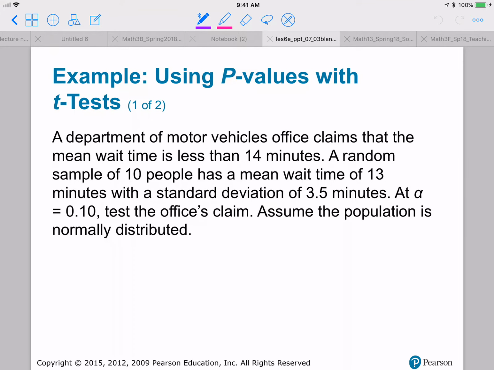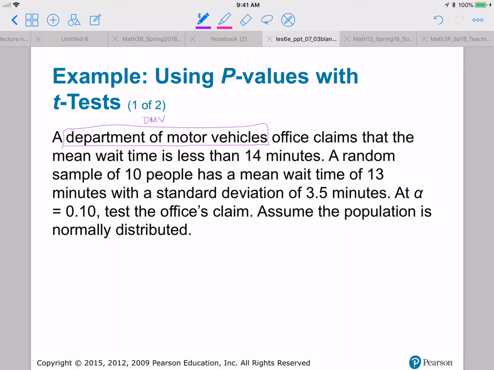All right, so let's do this last example here. With this example, I'm going to show you how to fill out the chart. It says a motor vehicle office, the DMV, Department of Motor Vehicles office, claims that the mean wait time is less than 14 minutes.